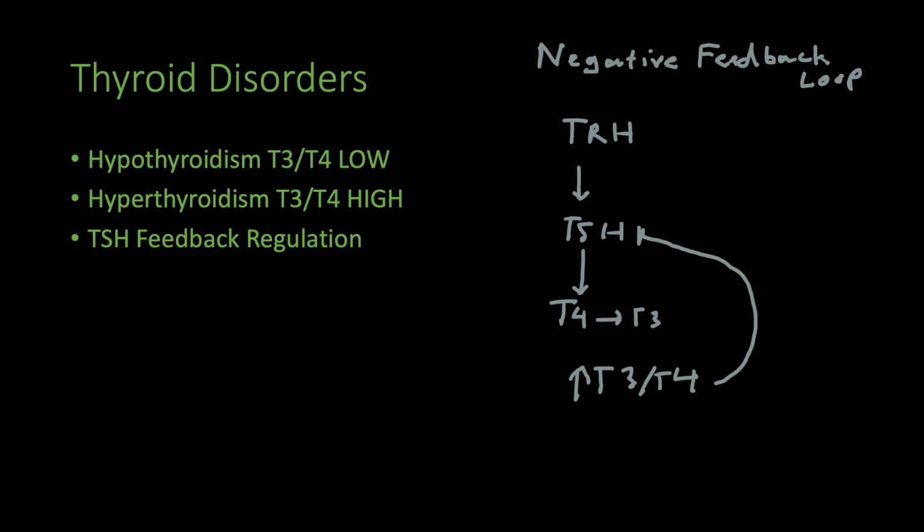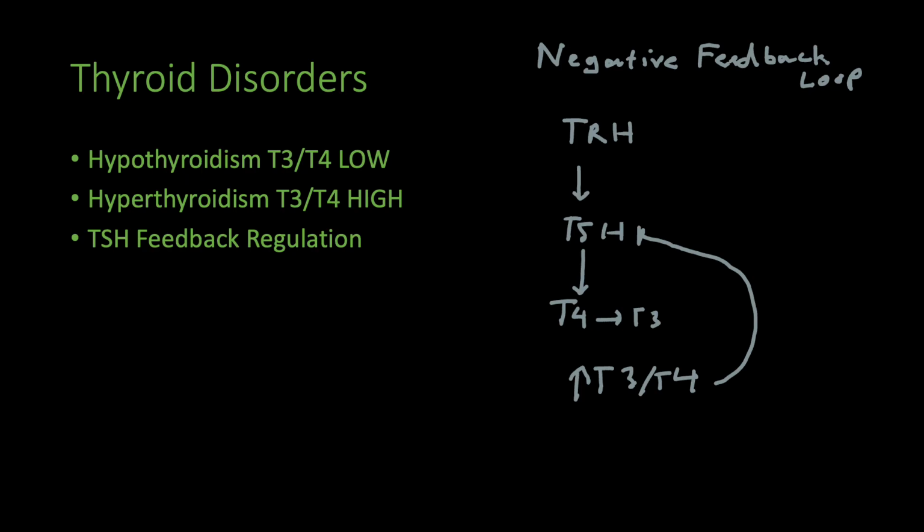Now, which one is the most active? It's T3. T4 is a pro-hormone. It needs to convert to T3 to do most of the cellular activity and actually show some action in the body.